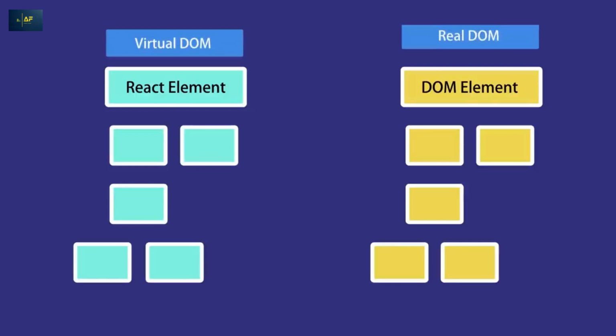Unlike the browser or the real DOM, this virtual DOM is cheap to create. When we change the state of a component, we get a new React element. React will then compare this element and its children with the previous one. It figures out what is changed, and then it will update a part of the real DOM to keep it in sync with the virtual DOM. So that means when building applications with React, unlike vanilla JavaScript or jQuery, we no longer have to work with the DOM API in browsers.